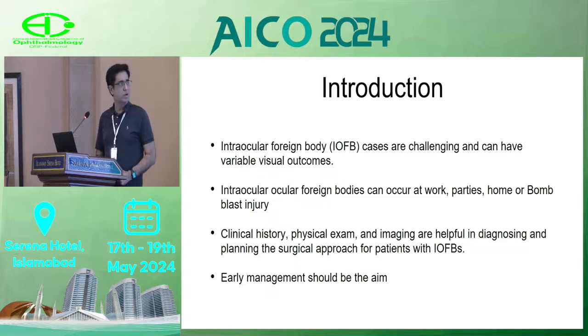It can happen at work, at parties, at home, or even unexpectedly, like bomb blast injuries. So clinical history is really important, physical examination, and imaging is really helpful to give you a clue where the foreign body can be. And early management is really important in such cases.